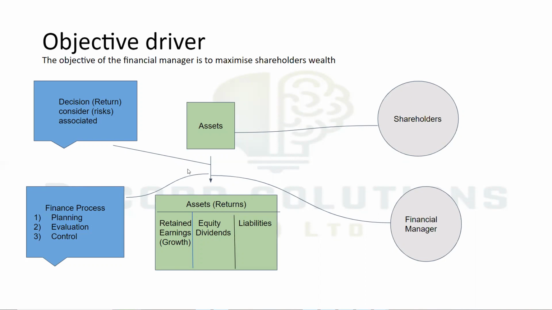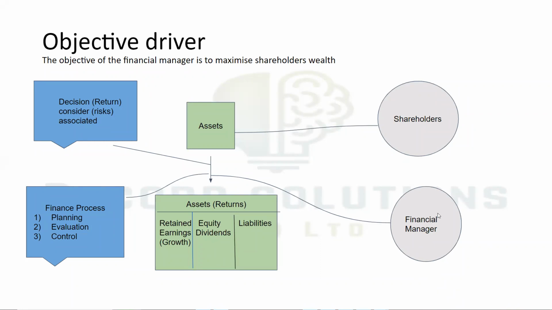So every topic in finance, in financial management, whether we're doing costing or finance, and this time you're doing finance, you can classify in one of these three categories. Firstly, like I told you, the financial manager has to take decisions that bring value to the company.